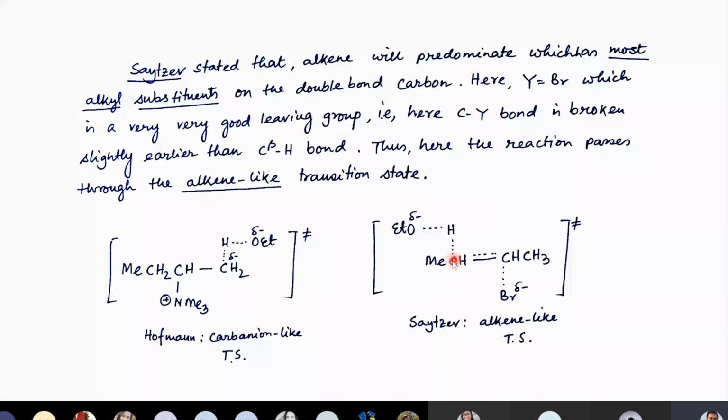So if it is less substituted, even if the base is bulky, it can pick up this proton very fast. So if the size of your base increases, then your Hofmann product will increase because the transition state becomes stabilized. Clear? Correct? That is what we are saying here.